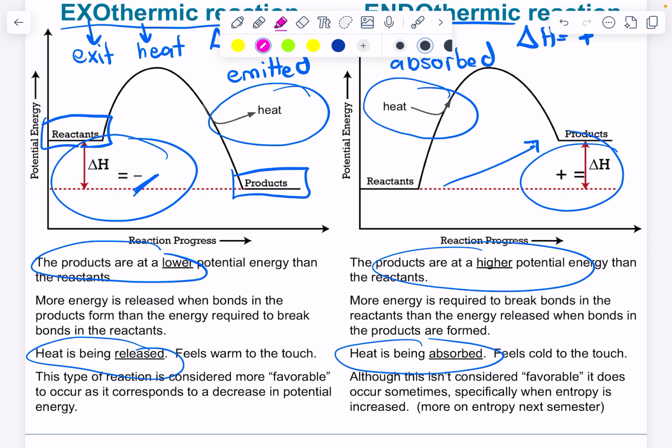We mentioned this earlier as well. An exothermic reaction, or one where we're going to a lower potential energy, is considered more favorable, whereas an endothermic reaction is not favorable. It still can happen, but it's not favorable.